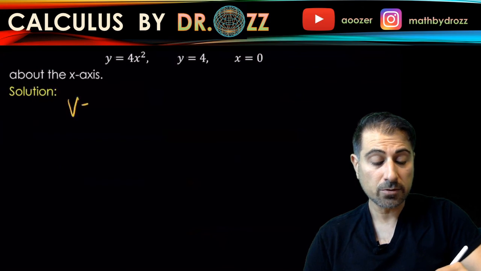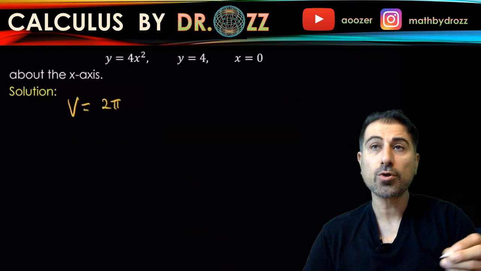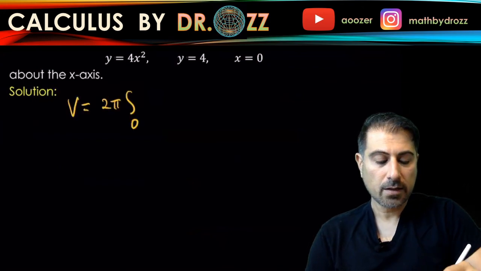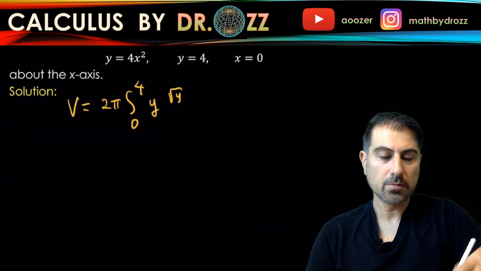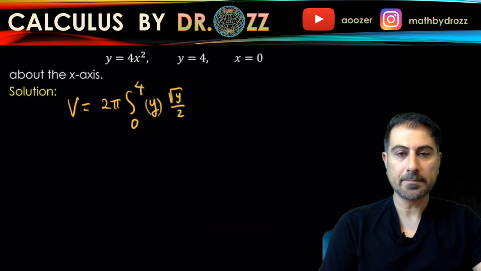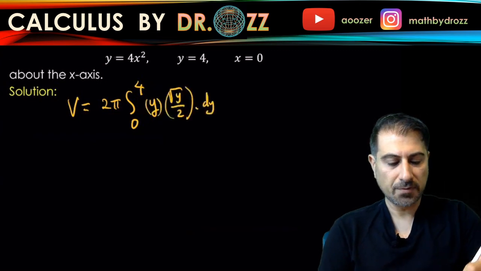Let's finalize this by writing the integral corresponding to this volume, integral from 0 to 4, y times radical y over 2 times dy. Let's simplify this.